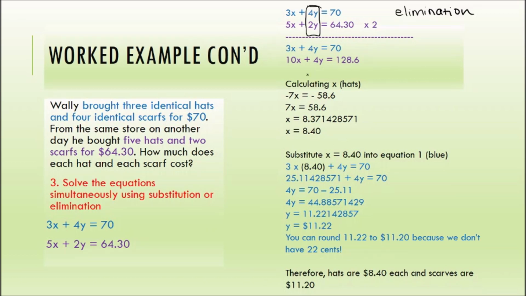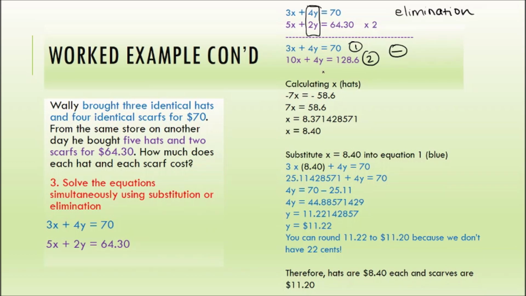Now that I multiply it by 2, 5X times 2 is 10X, 2Y times 2 is 4Y, and 64.30 times 2 is 128.6, which I've calculated. I'm going to call the blue equation 1 and the purple equation 2. So I'm subtracting them.